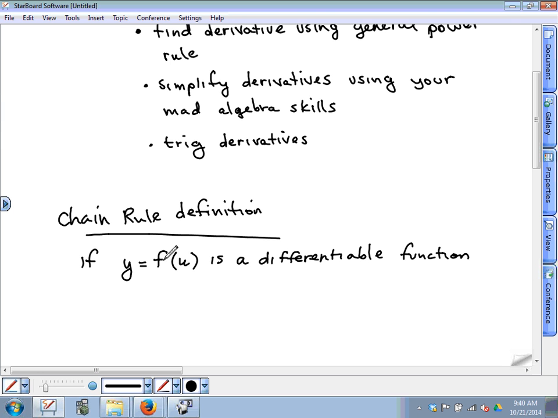If y equals f of u is a differentiable function of u, and here's where the connection is to chain rule. U isn't a number. U is actually another function. U is equal to g of x.